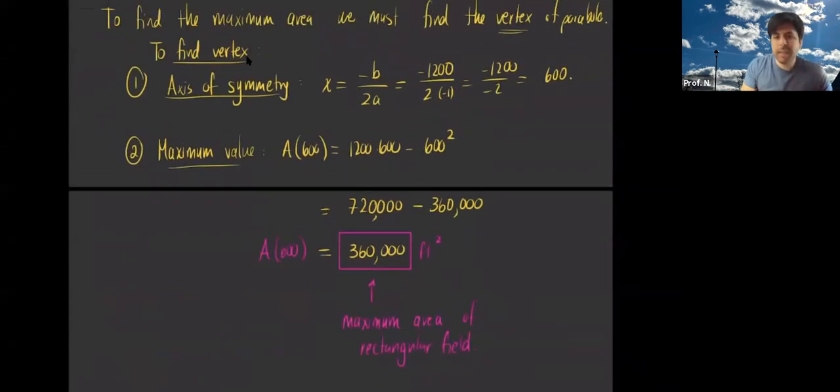What does this mean? This means that if I have 2,400 feet of fencing, the maximum area that I can enclose is 360,000 square feet. And that's a fact, as long as the field is rectangular.